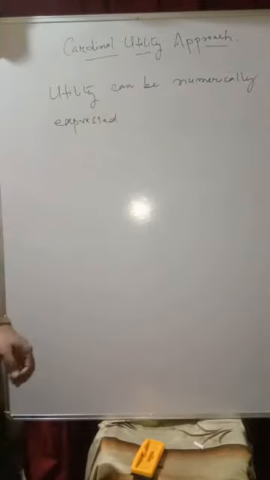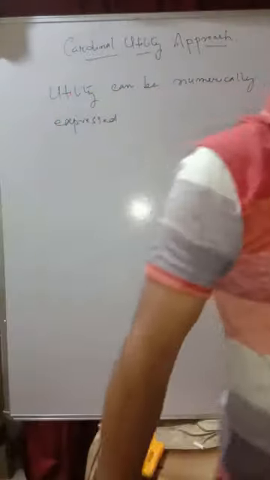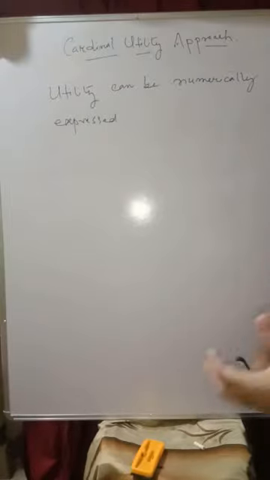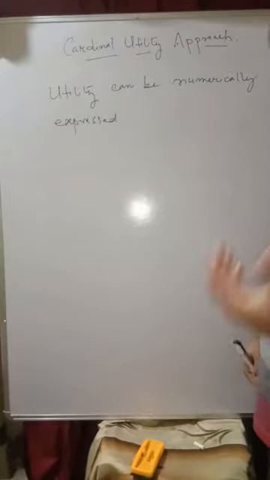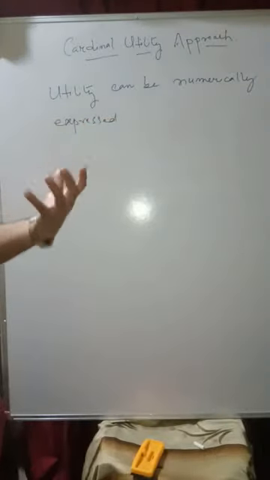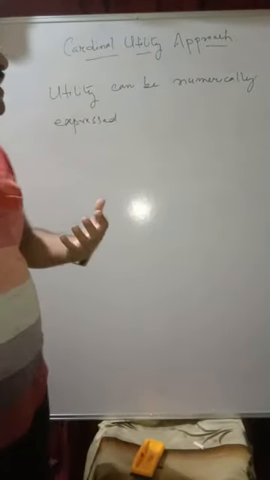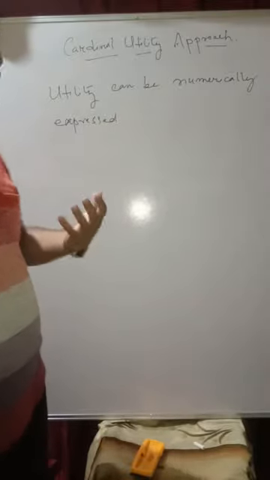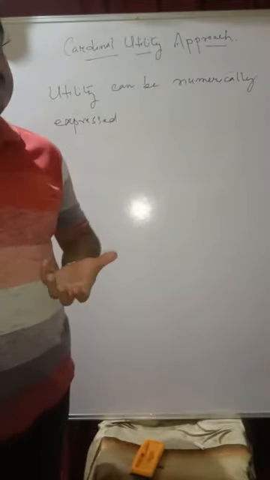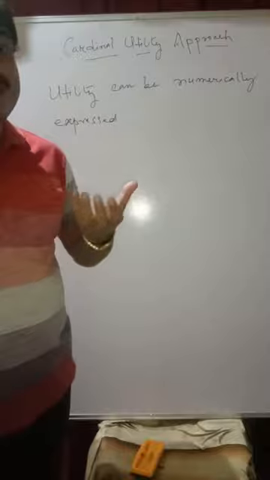So according to the cardinal utility approach, our utility level can be expressed through numerical numbers. This is the abstract thing. Naturally, utility or satisfaction is very much subjective. We cannot measure our level of satisfaction by giving numerical numbers.